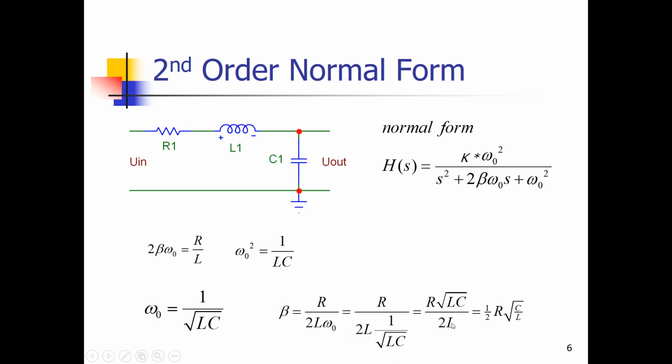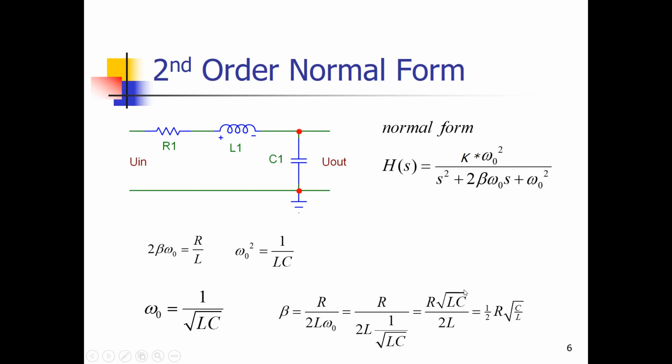I can make a somewhat easier expression. I can say, well, that is 0.5 times R times the square root of C over L. So this is my damping factor.